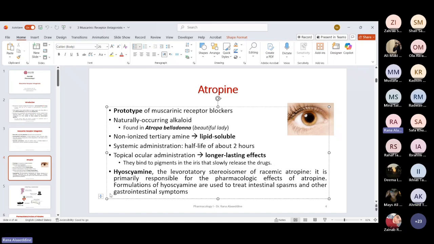Yes, we did. Okay, sounds good. So racemic mixture means it's a mixture of two stereoisomers. One can rotate the light to the left, one can rotate the light to the right. Hyoscyamine in specific is the one that is responsible for the pharmacological effects of atropine, but we usually have atropine as a mixture, which is okay, and we still use it.